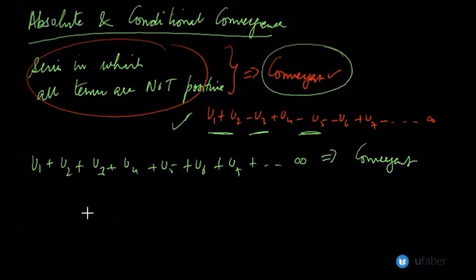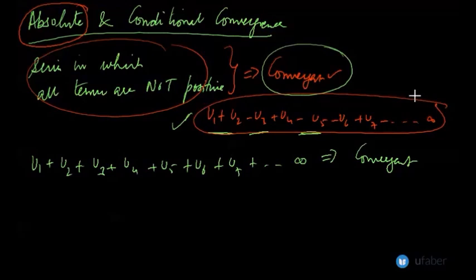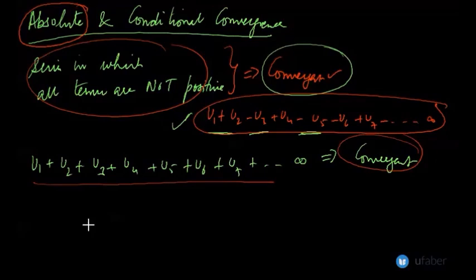So if this is the case, then the condition is known as absolute convergence. That is, when all are not positive, and when they are made all positive, the convergence condition stays. So it is known to be absolutely convergent.